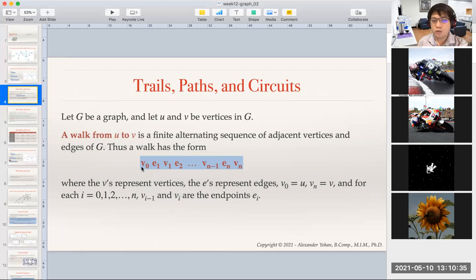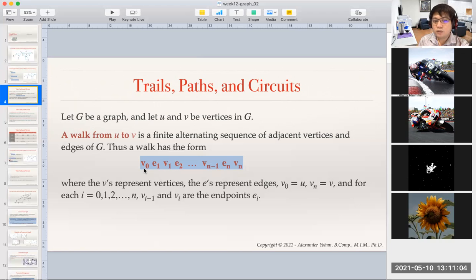For example, here, V0, and then the edge E1, V1, E2, V2, E3, V3, and so on until you reach En and Vn, right? With V representing the vertices and E representing all the edges.